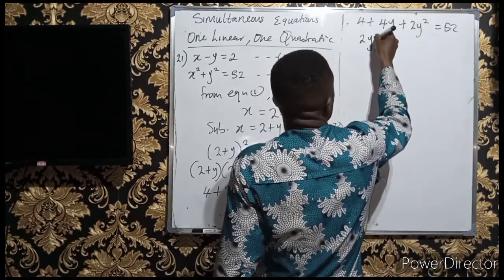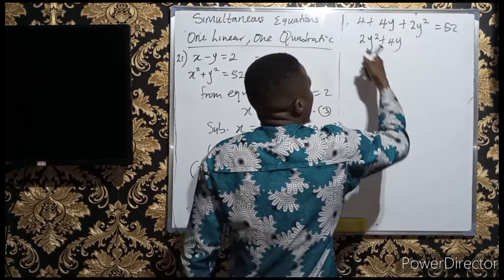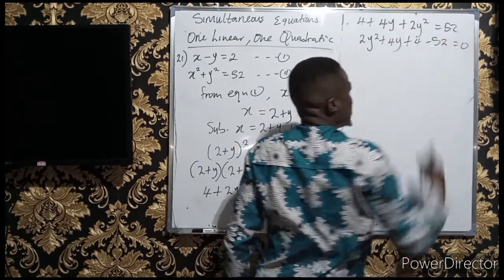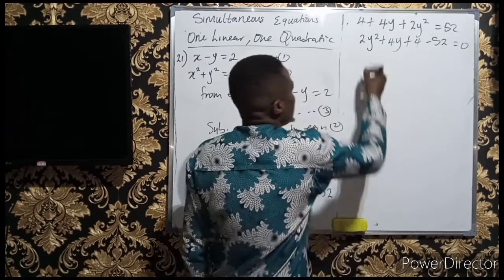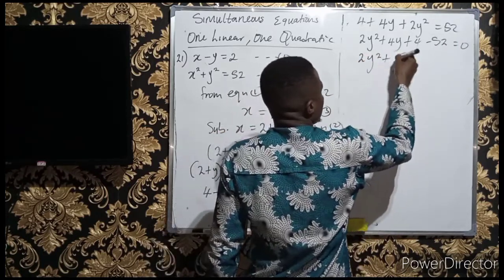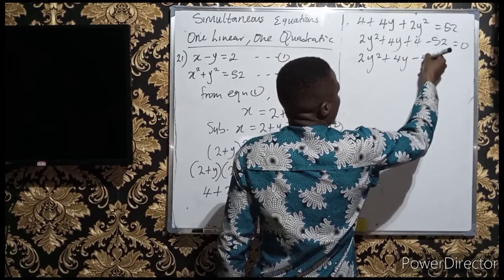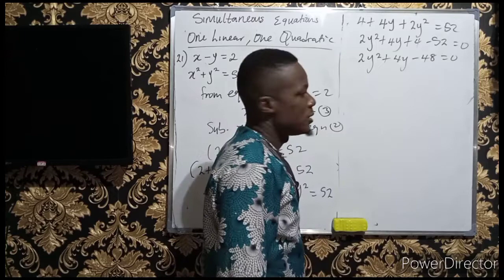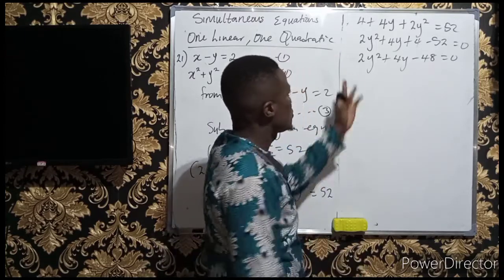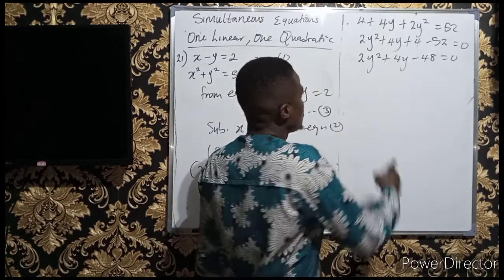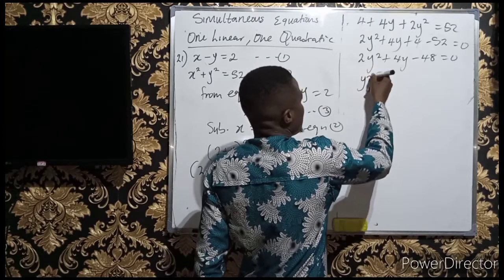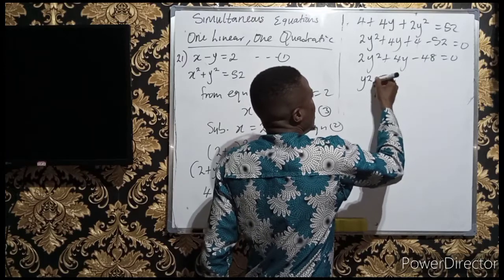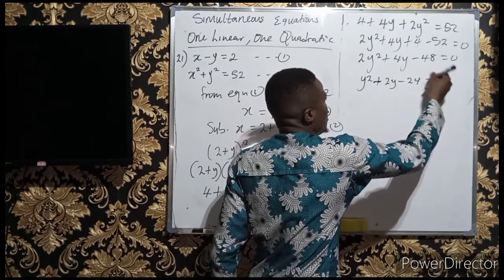I have 2y squared plus 4y plus 4, then minus 52 equals 0. So 2y squared plus 4y minus 48 is 0 because 4 minus 52 is negative 48. Now, since 2 can go through, I have to divide everything here by 2. If I divide this by 2, I have y squared plus 2y minus 24 is 0.